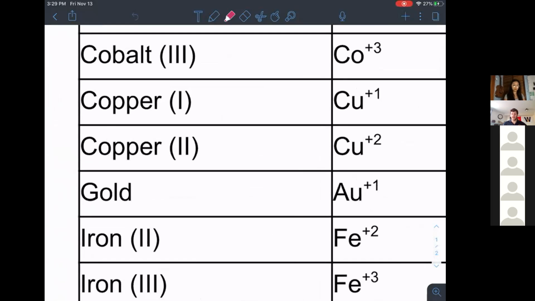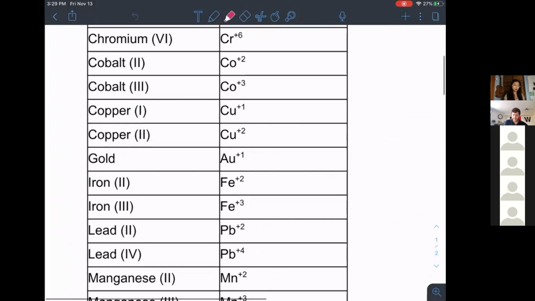Copper has 2 options. We can find copper as a Cu with 1 valence electron that it's willing to lose, or copper can have 2 valence electrons that it's willing to lose, which is how it gets its 2 charges.